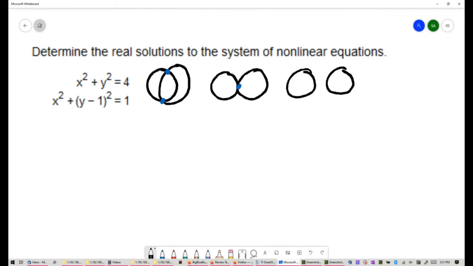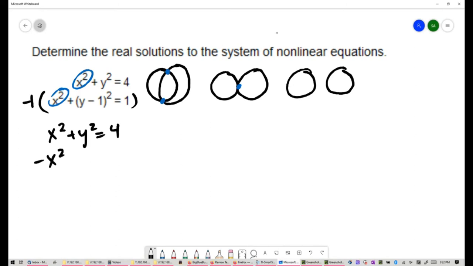I will solve this with elimination, and I'm noticing that I have x squared in both of these equations. So in order to use the elimination method, I'll need to multiply one of the equations by negative 1. So I'll multiply negative 1 times the second equation, and I would get x squared plus y squared equals 4.